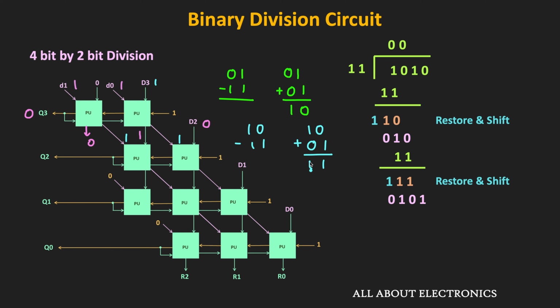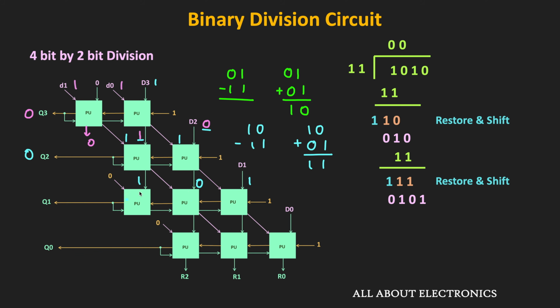That means there is no carry after the subtraction, and therefore the quotient bit q2 will be equal to 0. And since it is 0, the multiplexer will also perform the restore operation. That means now the multiplexer will restore the 10 at the output, that is this value, and now this d1 is equal to 1.